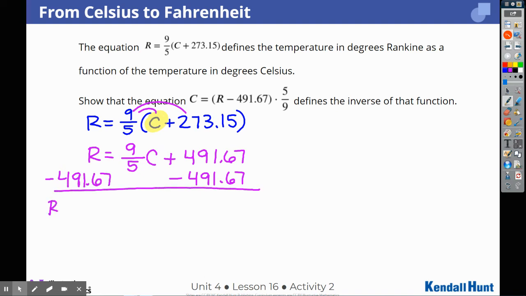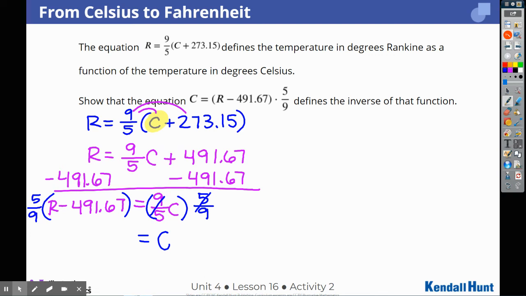So you have R minus 491.67 equals 9/5 C. We have a fraction being multiplied by the variable again. You can either divide by 9/5, or I choose to multiply by the reciprocal so that it keeps it a little more simple when you're looking at it. We can flip the fraction and multiply by 5/9, and that will cancel those out, and we're left with C. What you do to one side, you have to do to the other.